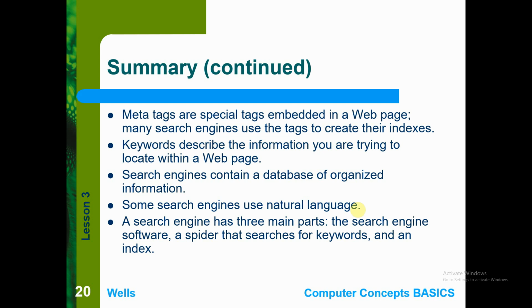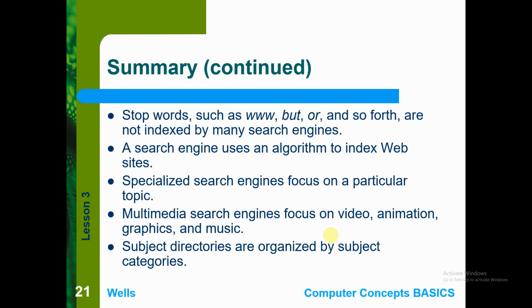To recap the main parts of a search engine: the search engine software, a spider that searches for keywords, and an index that holds the results. Stop words such as www, a, or the, and so forth are not indexed by many search engines. A search engine uses an algorithm to index websites, and specialized search engines focus on a particular topic.